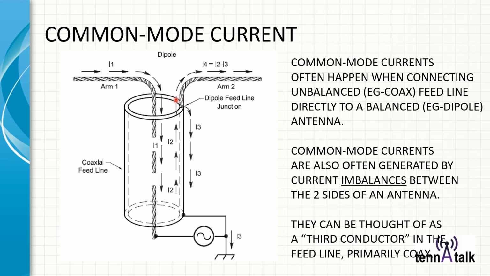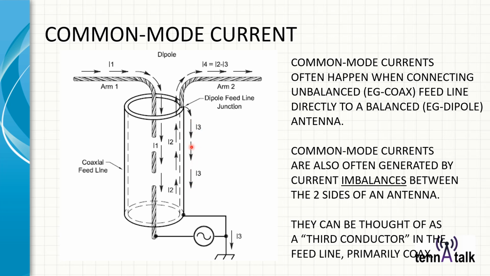However, if there's any reason for an imbalance, whether it's because these two sides of the dipole arms are slightly different length, or have a different impedance for some reason, they have something attached to one or are closer to a ground than the other, a variety of reasons, it can generate common mode current which runs down the outside of the shield in what's called skin effect.